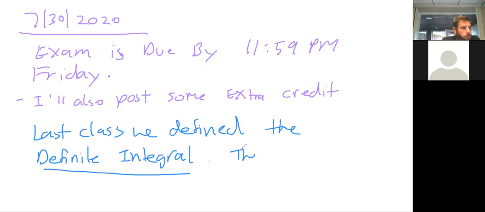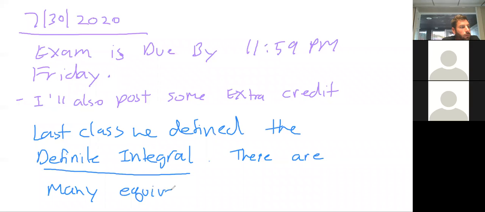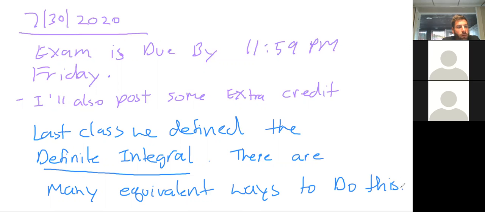So there are many equivalent ways to do this. So if you are reading the book, they define the integral in one way. If you read another textbook, they will define it likely very similarly. Some books define it in a little more general setting than others. Here's how we are defining it.